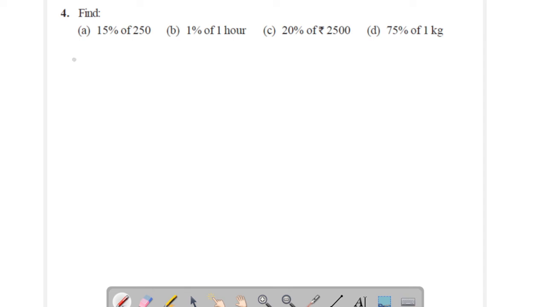Now come to C part. It is 20% of rupees 2500. Here 20% means 20 upon 100, of means into rupees 2500.